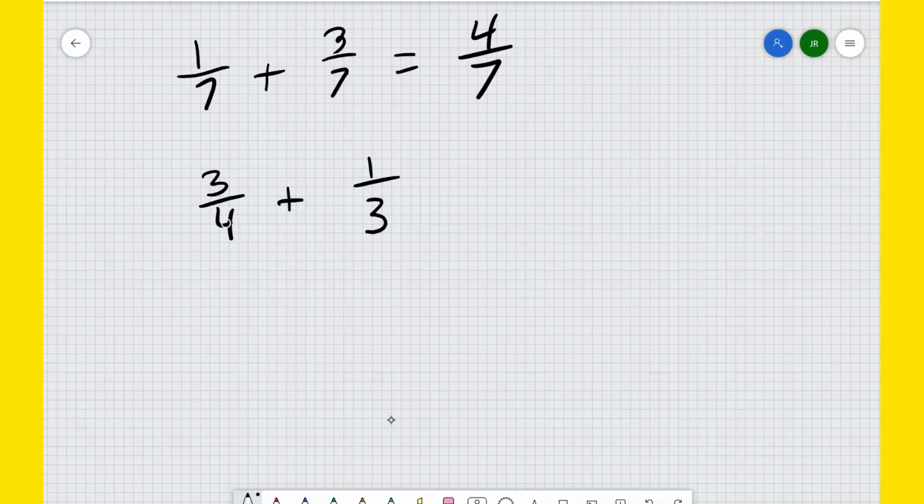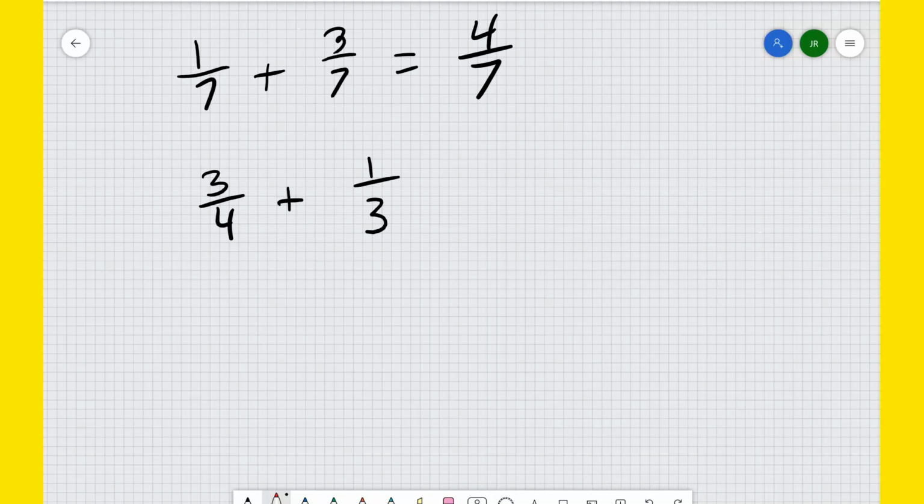So you're trying to think of what's called the least common denominator, also known as the least common multiple, between 3 and 4 here. The least common multiple between 4 and 3 is the least number that they can both multiply to become.